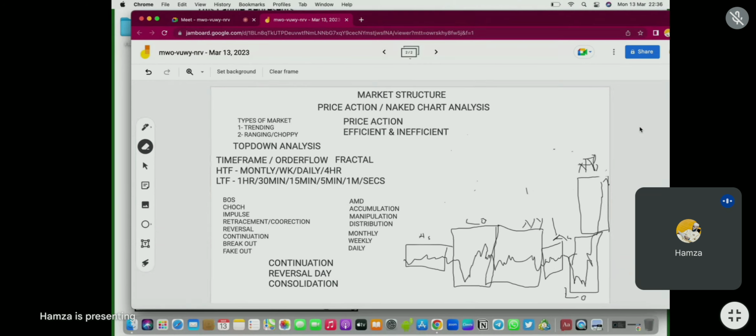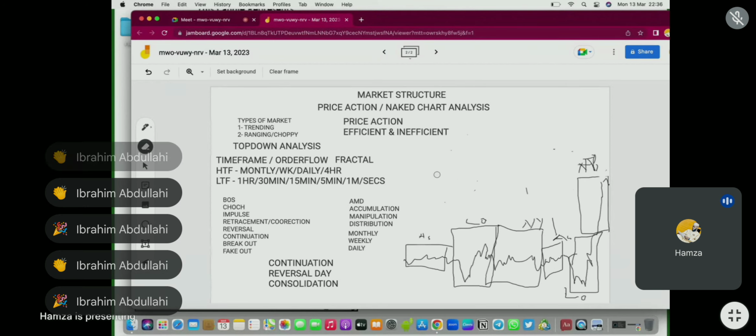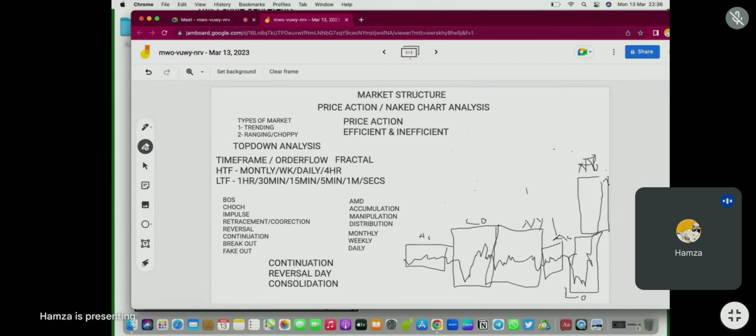So, putting together these concepts: BOS, CHoCH, impulse, retracement. Now, what BOS is: if the market is trending upwards, whenever we break the previous high in an uptrend, we have a BOS, break of structure.